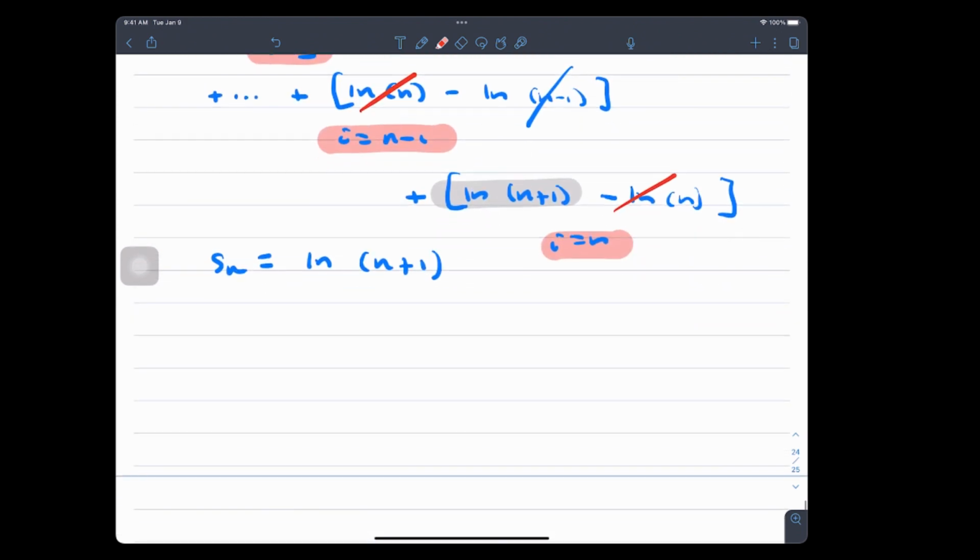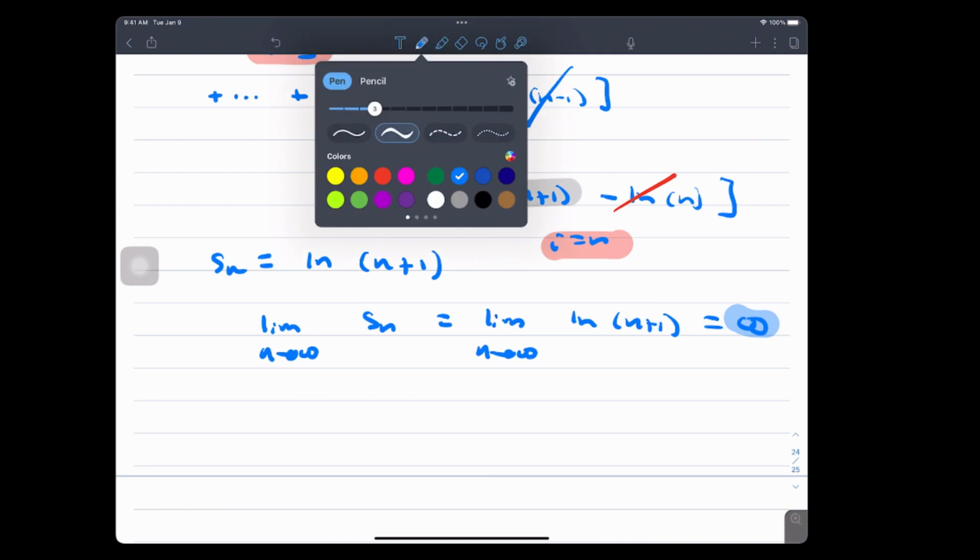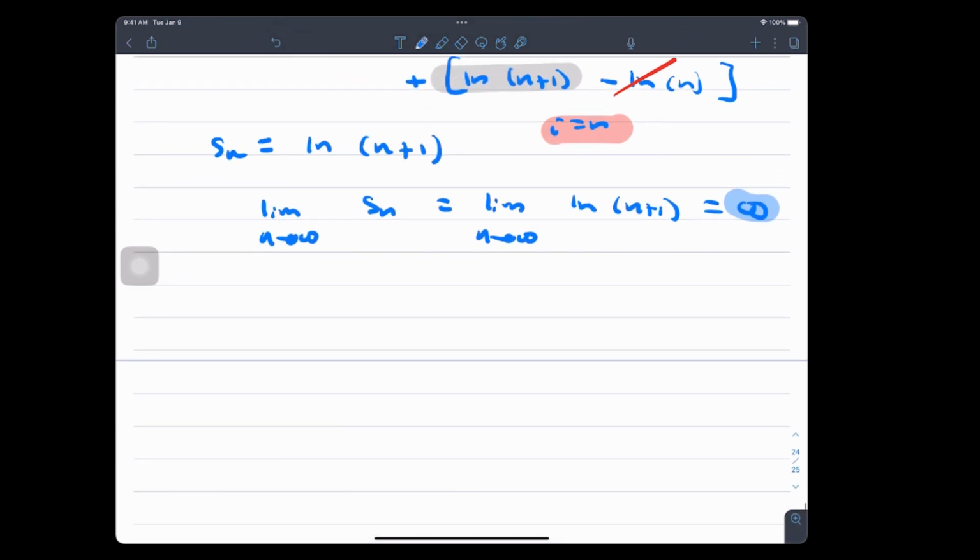And so what do we know about this limit? You can say the limit as n goes to infinity of Sn is the limit as n goes to infinity of natural log of n plus 1. This thing equals infinity. This is what we mean by what? The sequence of partial sums diverges.